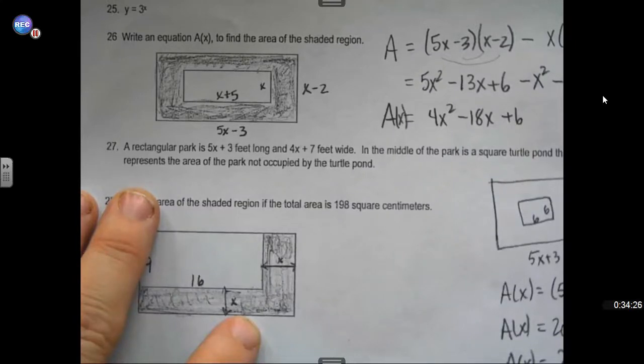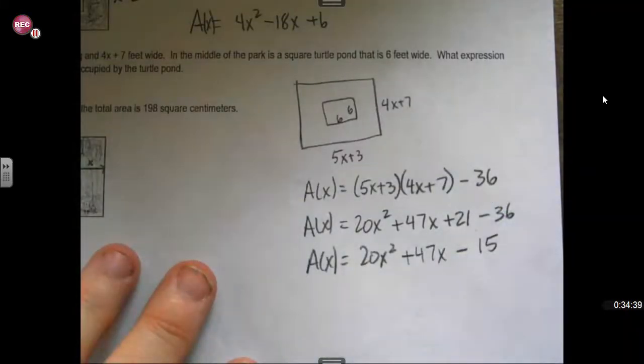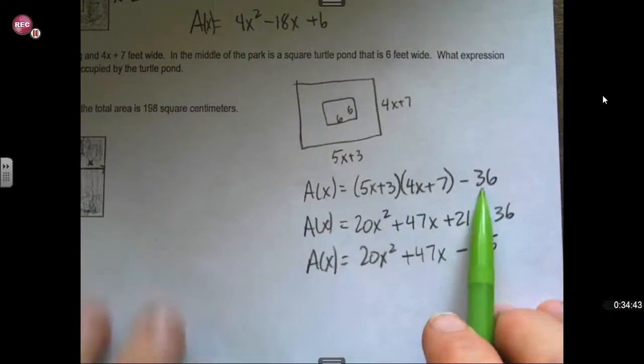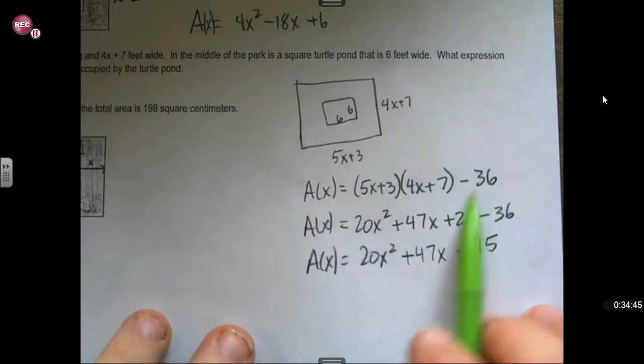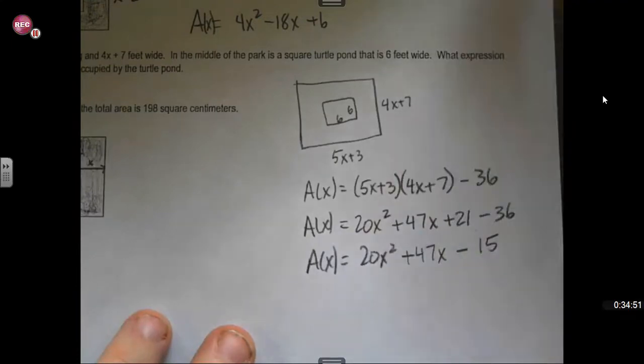And then this would be minus 15. So I took 5x plus 3 times 4x plus 7, subtracted the turtle pond, which is 36, multiplied it out, and then combined like terms. And that's my answer. It's not asking me to solve anything.